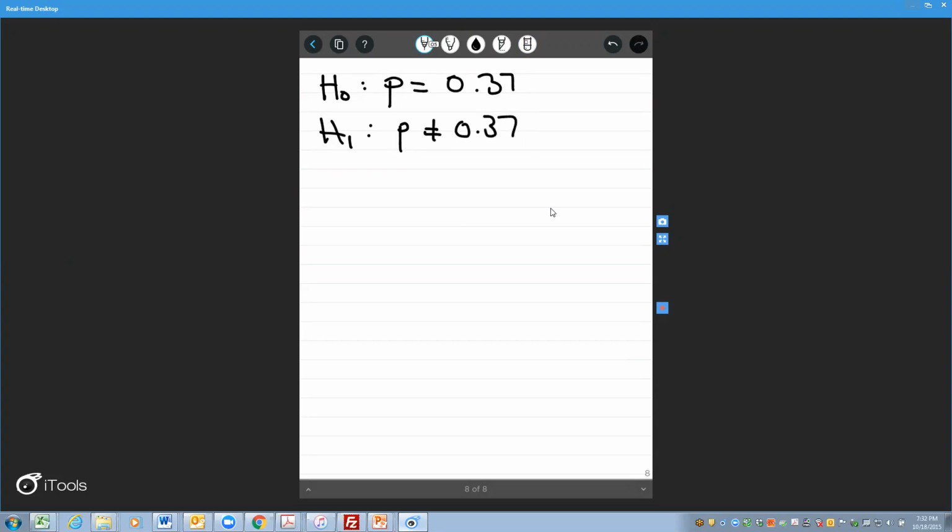And we're also given that we took a sample of size 852. Let's do 850 just to make it a little bit easier on the calculations.